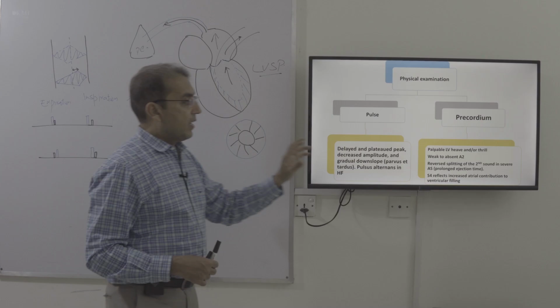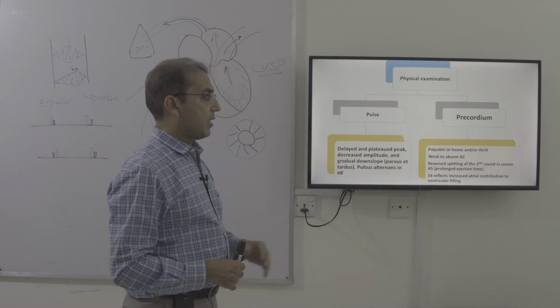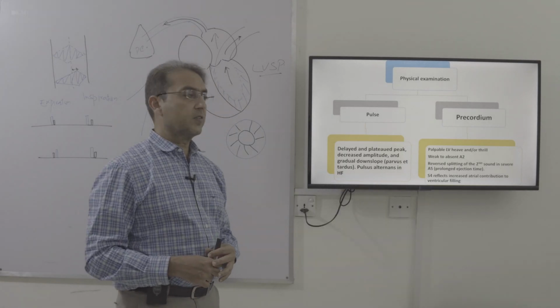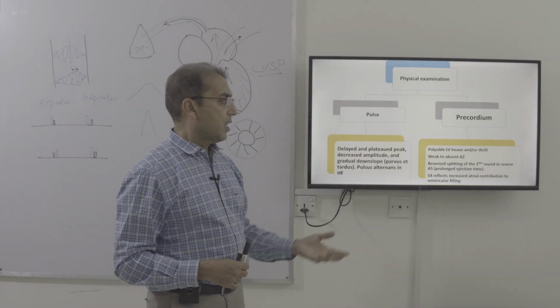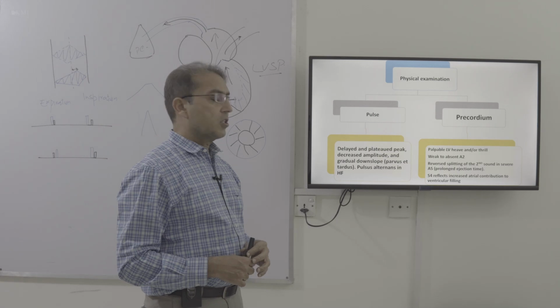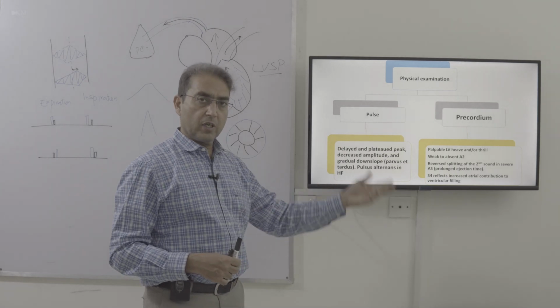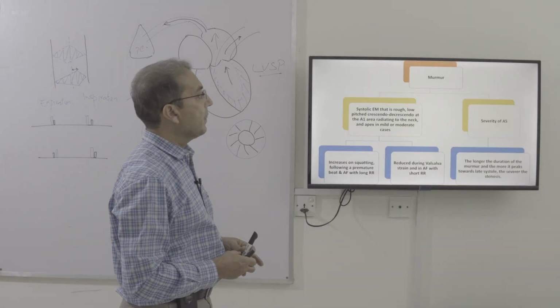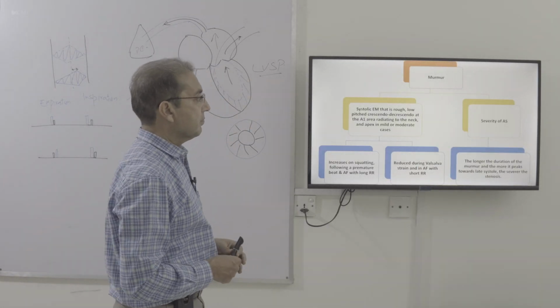So we may see a reverse splitting of the second heart sound, and we sometimes may be able to hear the S4, that is the fourth heart sound. It reflects that the atria are contributing to the filling of the left ventricle against high pressure. Then we come to the murmur.